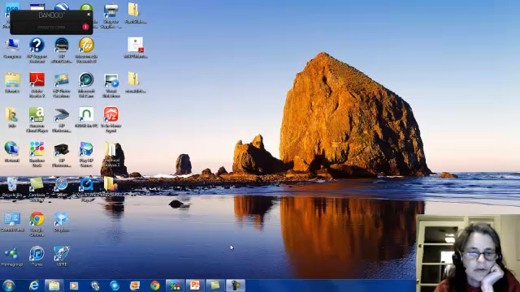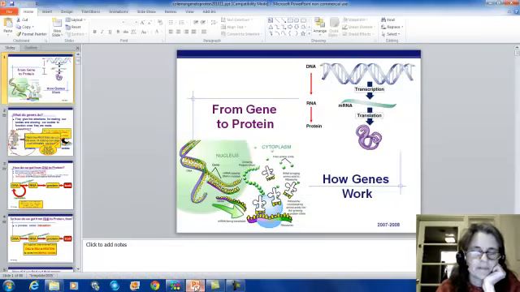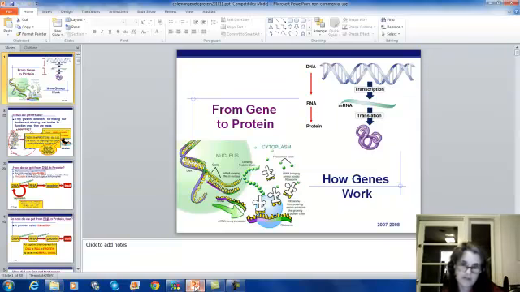Alrighty, since we have done replication at length, it is now time for us to figure out what it is that this DNA actually does. We know how it copies itself so that we can send copies of this genetic information to offspring cells, okay?